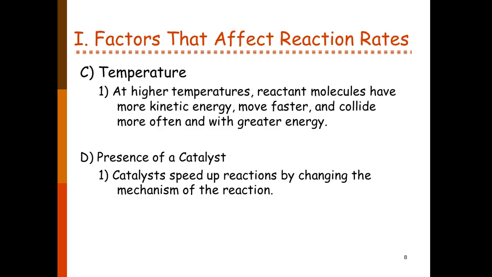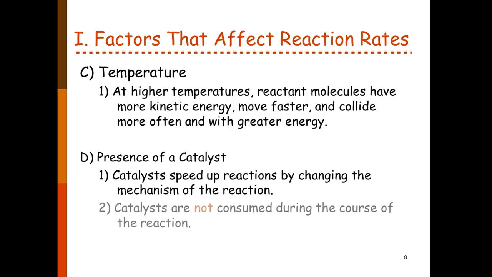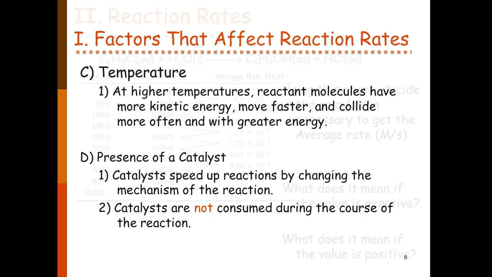Enzymes are examples of catalysts. Catalysts speed up the rate of the reaction, but do not appear in the product and can be recycled. So biological enzymes are used to produce a certain product, but the enzyme can be recycled to do the reaction again.